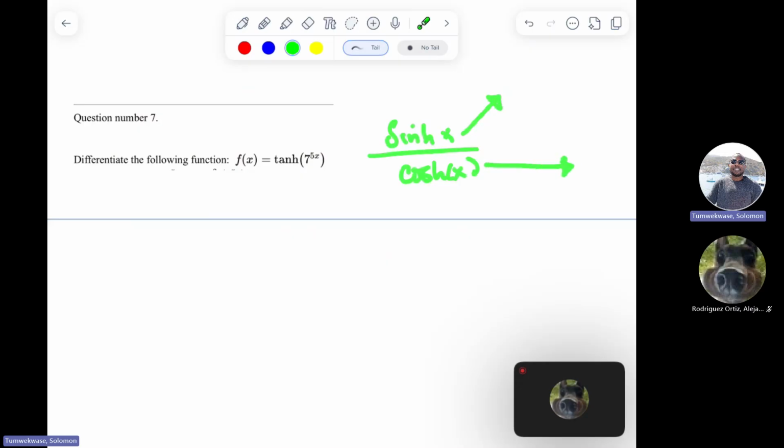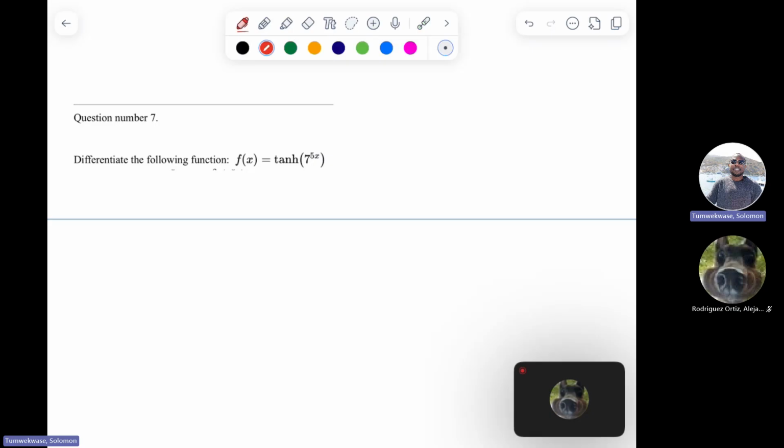This guy in terms of the exponential, I know what it is, right? So I can do that and then divide the two of them. And then after that, each of them has that angle. And then I can take the derivative. But you can see how that can be a little hectic.